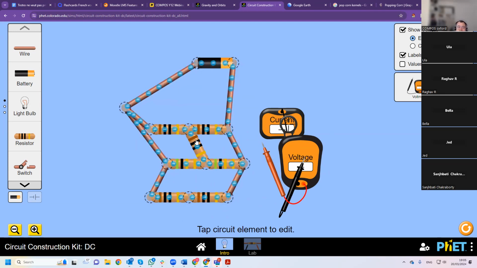Current doesn't go there. So if we delete it, it's still the same. It has no effect. More than that, we can replace it with a wire, and the wire will still have no current inside. Okay? Do you understand what's going on here?